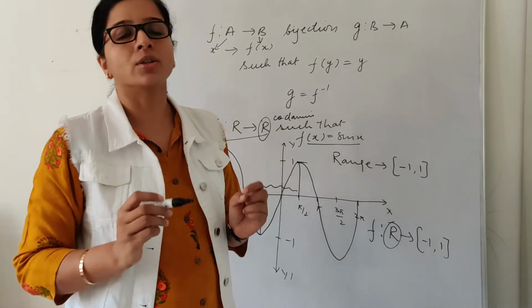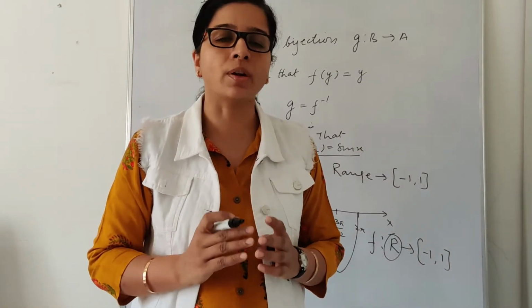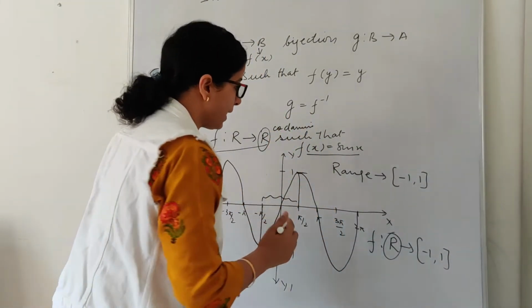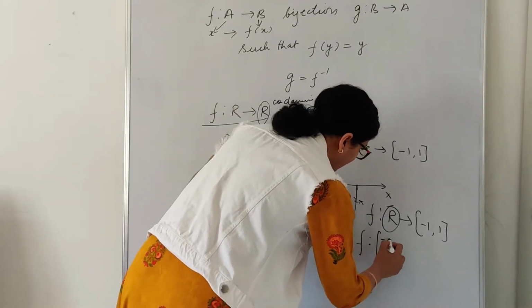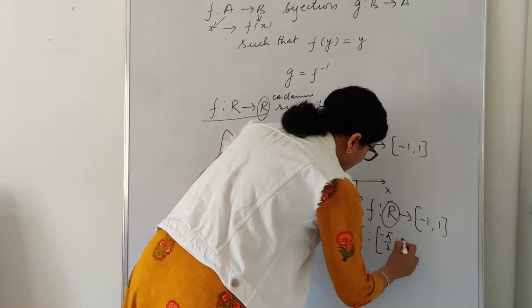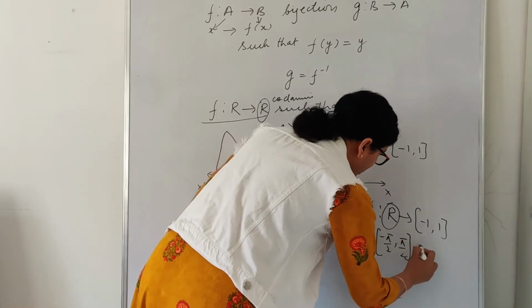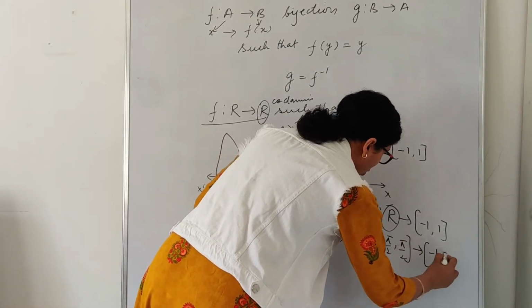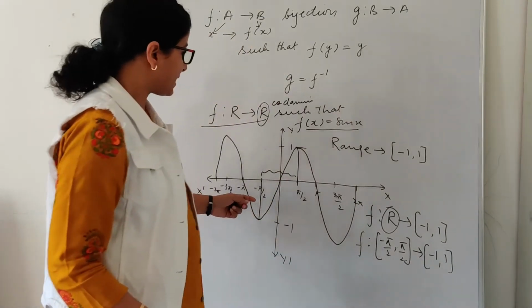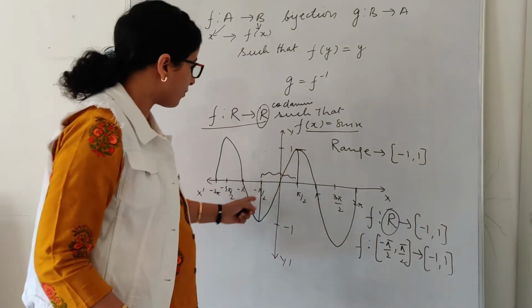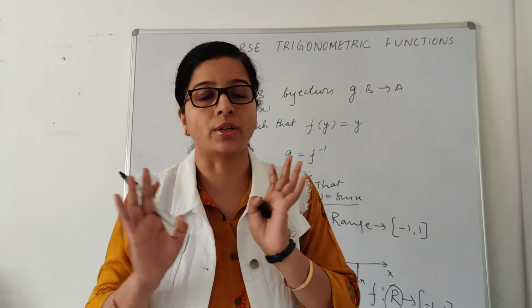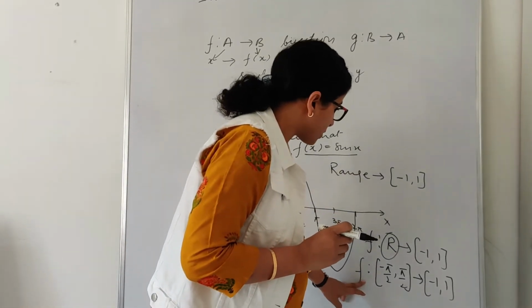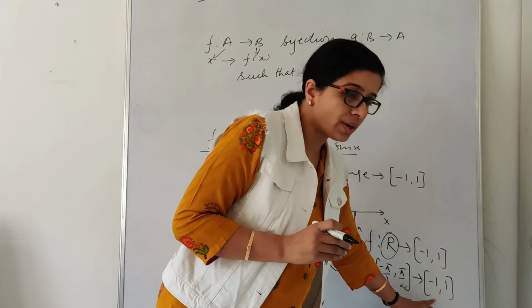So in this case, my function will become one-one. Say I write it like this: minus pi by 2 to pi by 2, to [-1, 1]. Is that clear? So my graph is not taking a turn in this, it will be a one-one function. So now this function is one-one as well as onto.